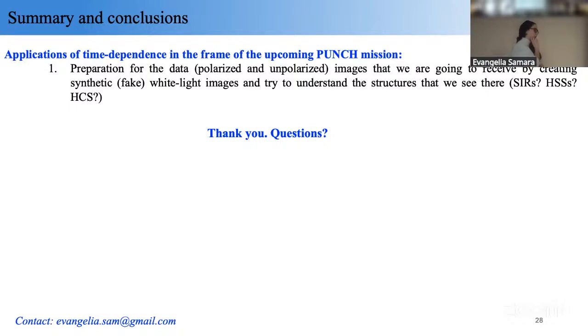When they saw my presentation, they said maybe it's because it's not a perfect spiral. With different directions and different lengths of magnetic field lines, this could be explained.